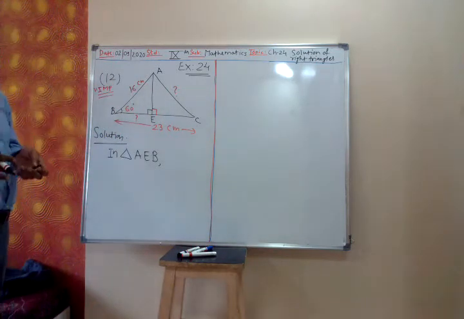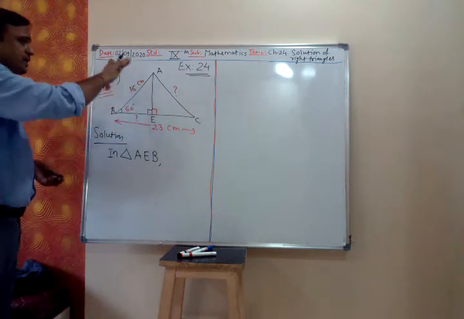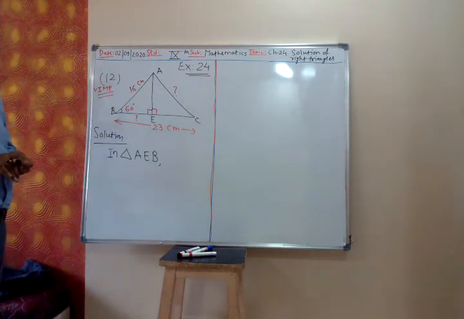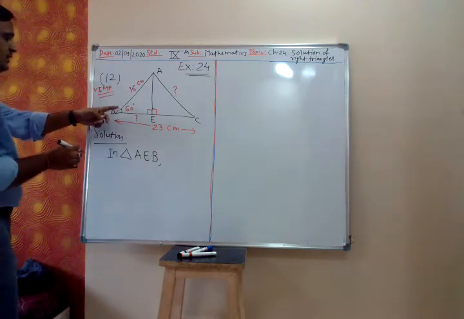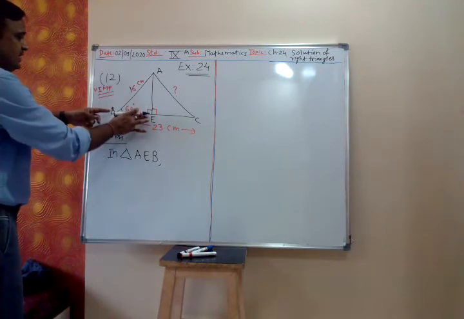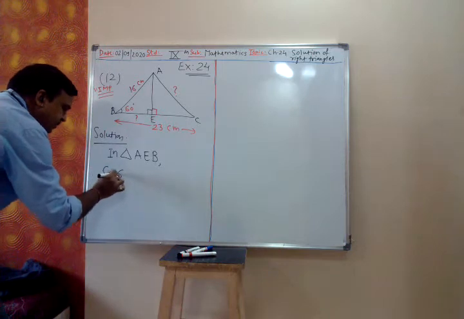Which ratio will you consider? Adjacent and hypotenuse. Yes, cos. So I will consider the trigonometry ratio cos, because that is adjacent upon hypotenuse. So we consider cos 60 degree.